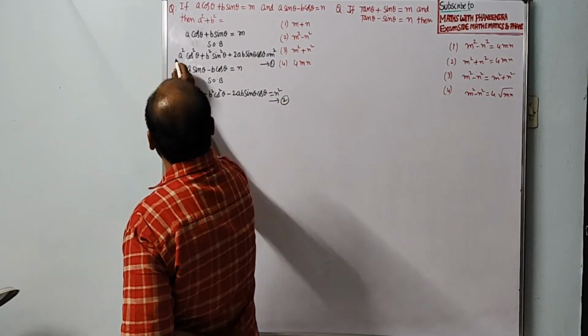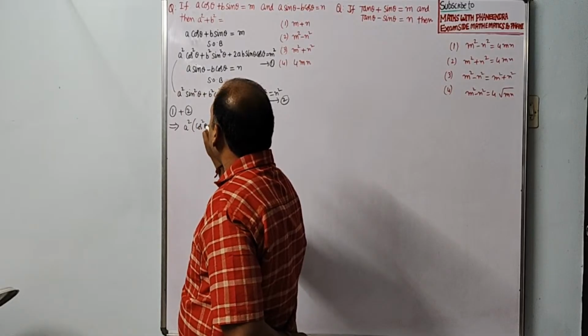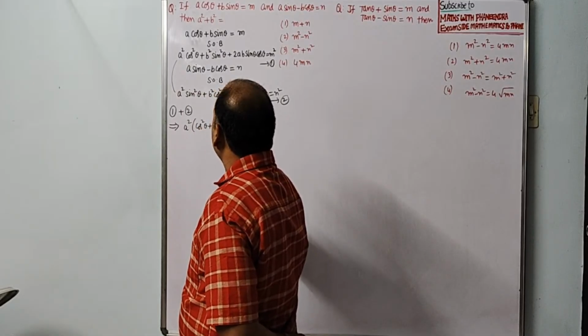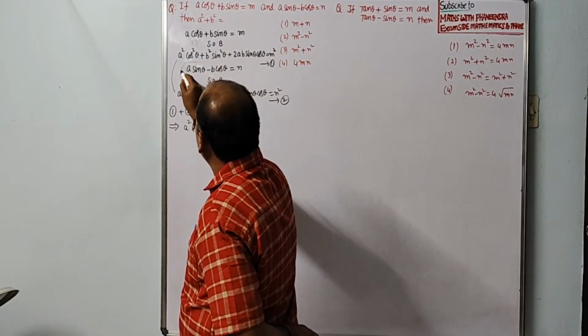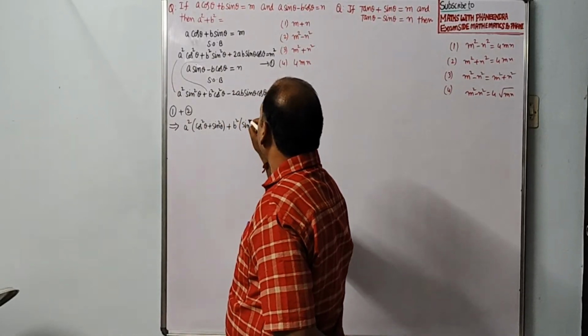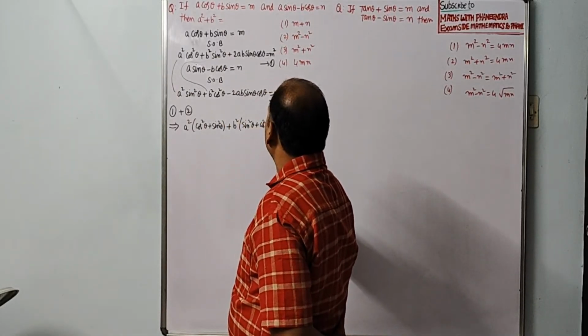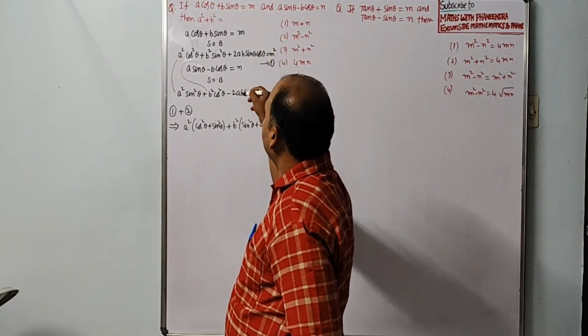That implies from these two, a square take common, cos square theta plus sin square theta. Plus again from these two, b square take common, sin square theta plus cos square theta. And these two will be cancelled only now.